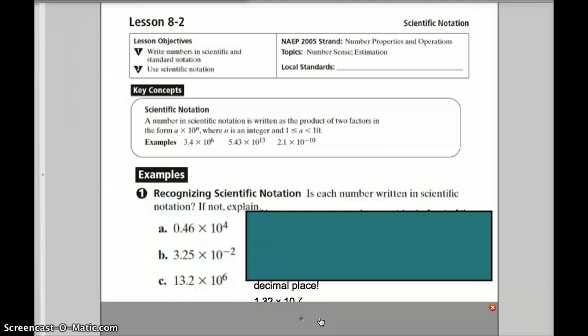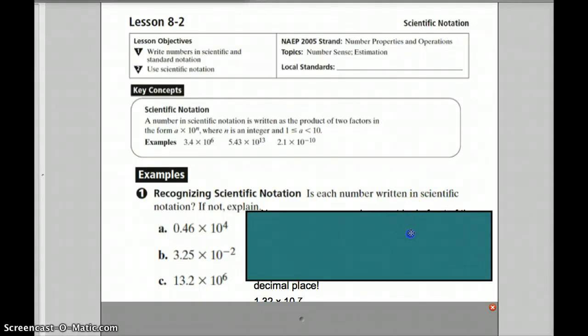A is not in scientific notation because our rule says that a has to be greater than or equal to 1 and less than 10. You can see here that A, the number that's multiplied by 10 to a power, is not greater than 1. So we would have to move that decimal so that we could write it in proper scientific notation.